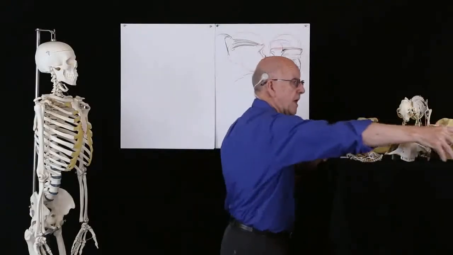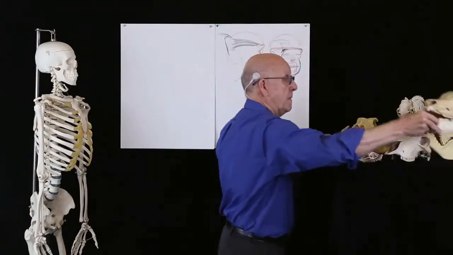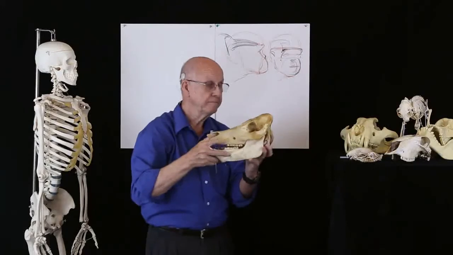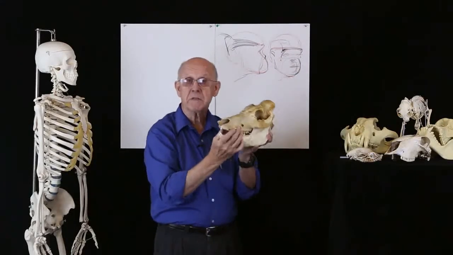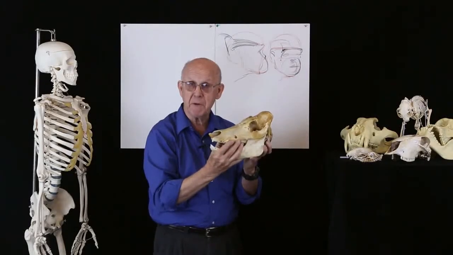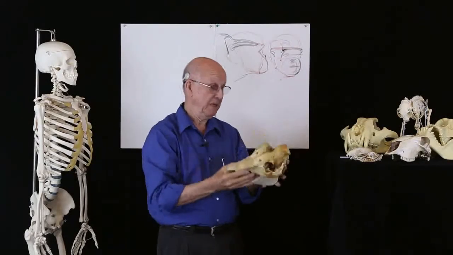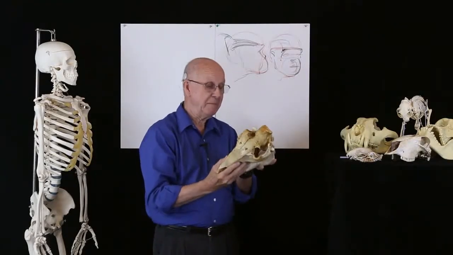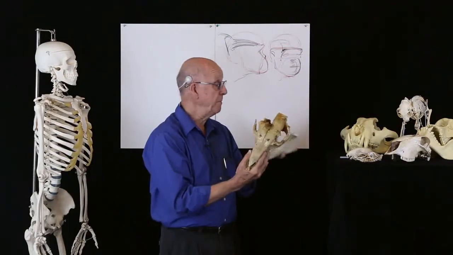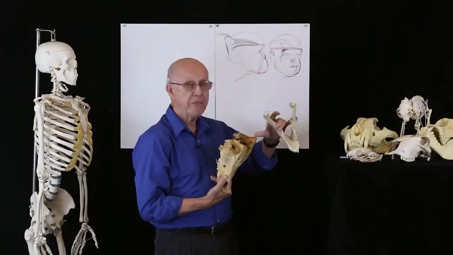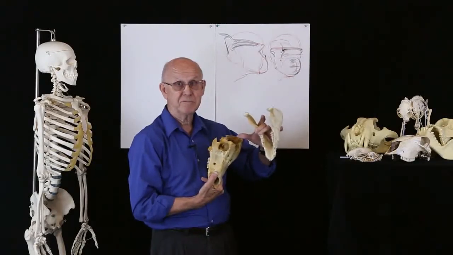Here we have this, this is a pig. This is a donation from one of my neighbors. Unfortunately, it got dropped, but you can see how thick the skull is.